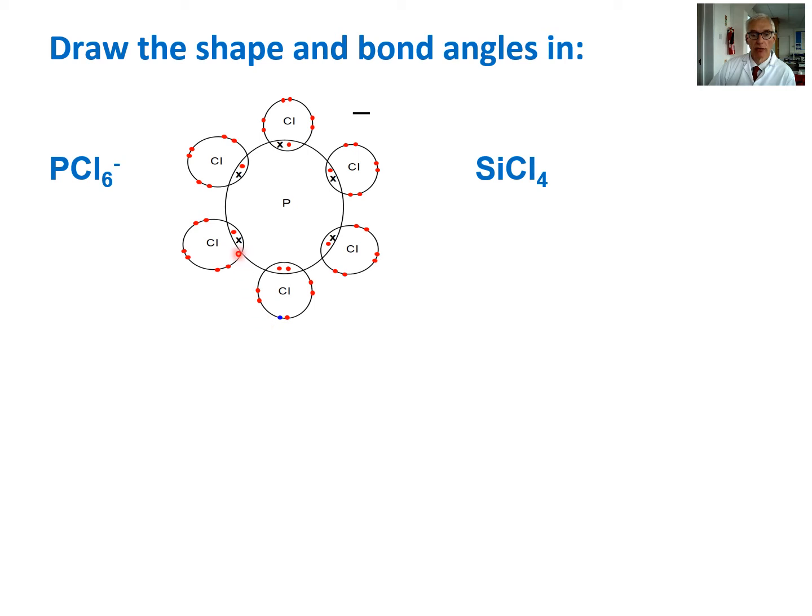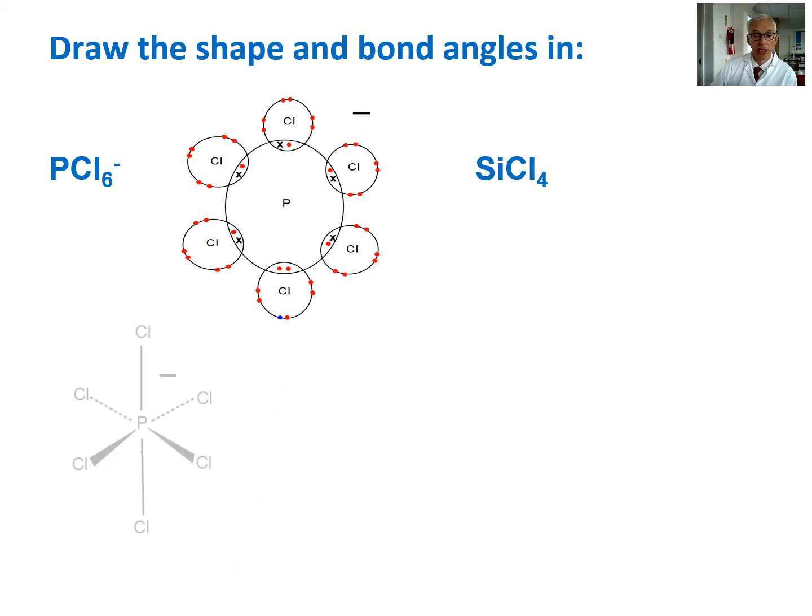So we've got 5, phosphorus has got 5 electrons in its outer shell. So the 6th phosphorus chlorine bond is a dative covalent bond, and the octet is made up by an additional electron, as indicated by the negative charge.